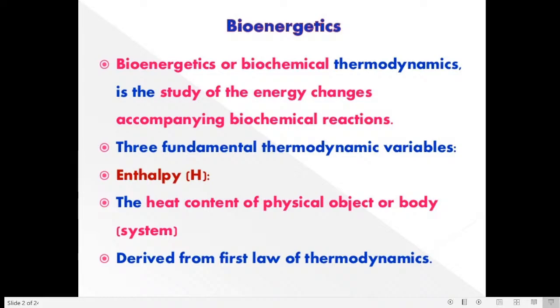In this, three fundamental thermodynamic parameters are there. Enthalpy is the heat content of a physical object, and it's derived from the first law of thermodynamics. In enthalpy, at each and every step, all atoms are bound with bonding.